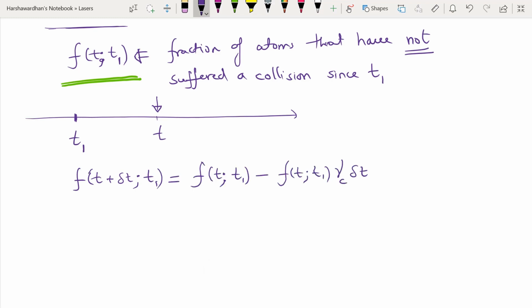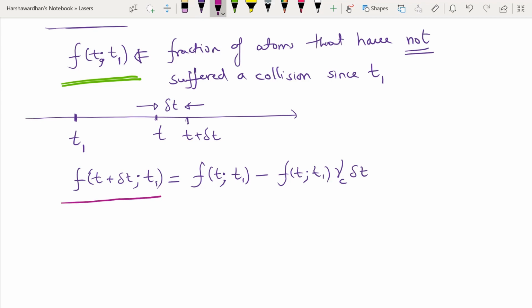In my timeline, this time is my t plus delta t. So clearly delta t is this time interval. I am asking what are the atoms that have survived until t plus delta t? This is my left hand side.